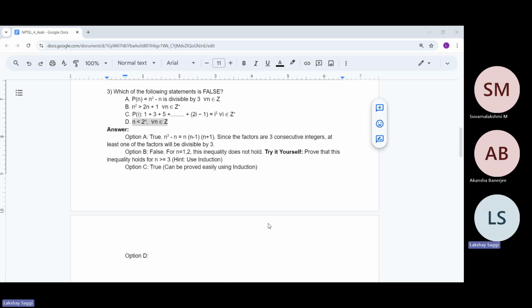Yes. So Akansha has said that it's true. So yeah, actually, Akansha, this is true. And suppose this was true, then yeah, it actually holds true.